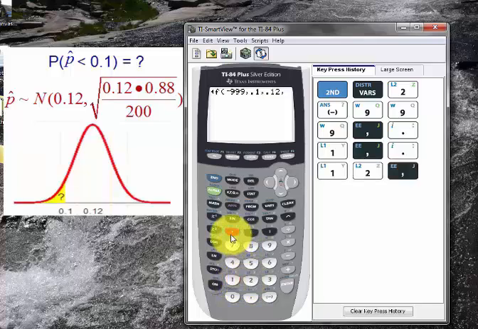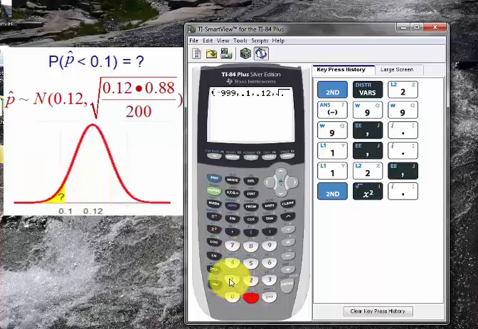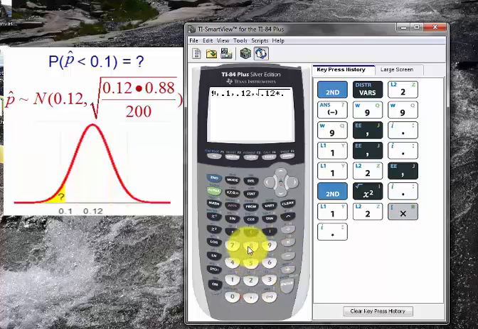12% or 0.12, comma, and now it's the square root, so second root, and then 0.12 times 0.88 divided by 200.